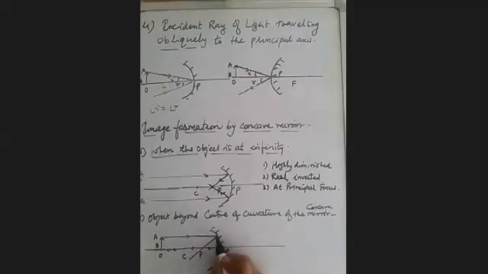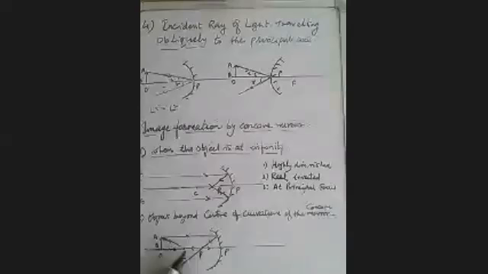So we have drawn the ray which is reflected and passing through the principal focus. Now let us consider another ray which is passing from the center of curvature, a line from E going to any point on the surface of the mirror.